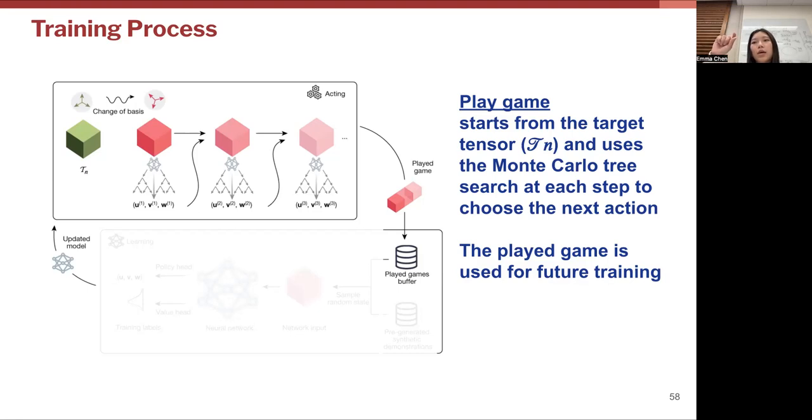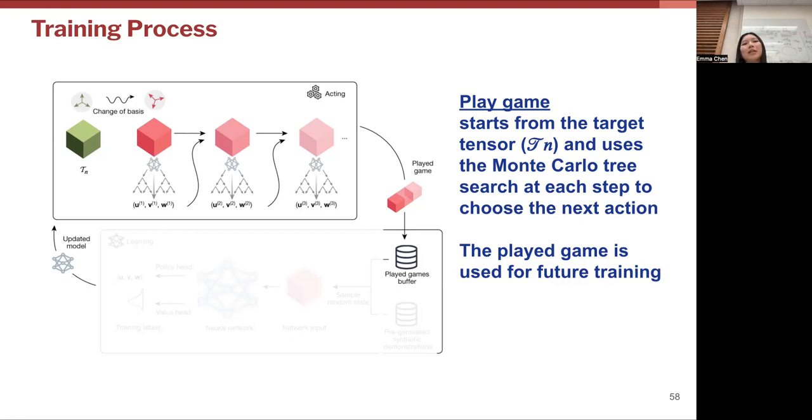I'm going to take the action, and I'm going to continuously play this game until I either reach the end of the game, which means I reach a 0, or I reach a state that I have never explored before. By doing a lot of simulation at each step, I will reach an optimal action to take just for this step.